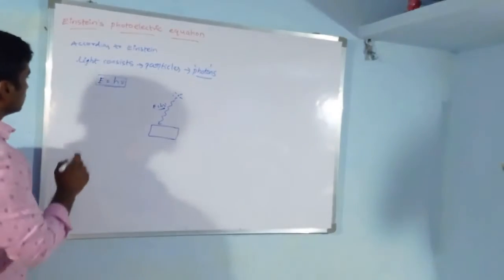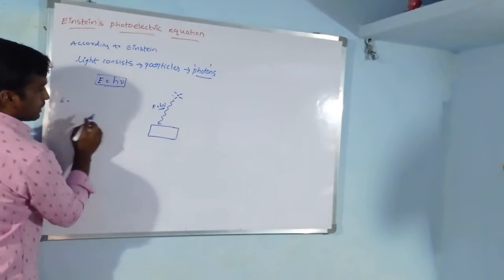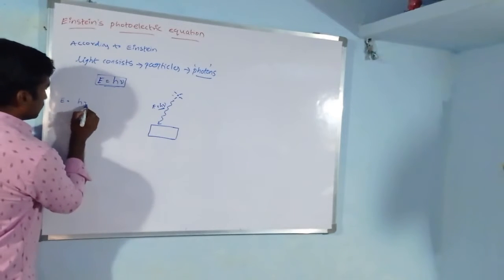What is the energy incident on the metal surface? That is h nu.